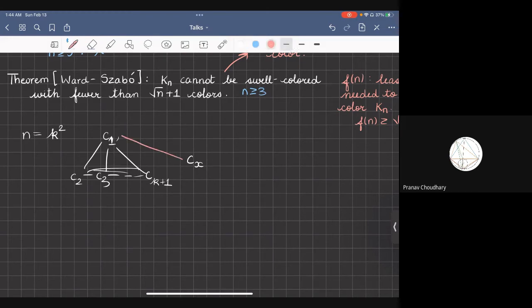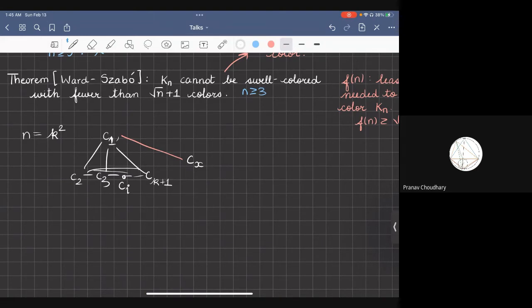So now we consider the triangle C1, CX, CI, where I ranges from 2 to k plus 1. Note that the edge CI CX should be of some color which is not red and not white and not covered before. So I goes from k plus 1 down to 2.